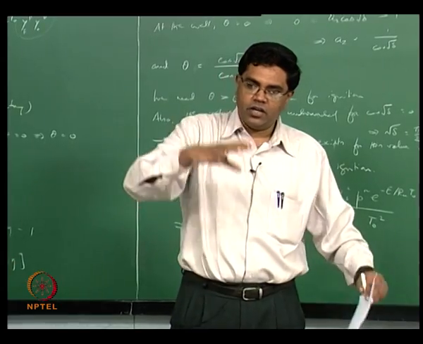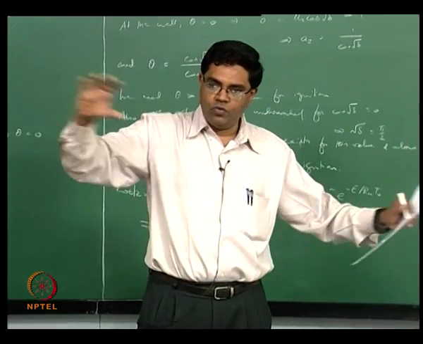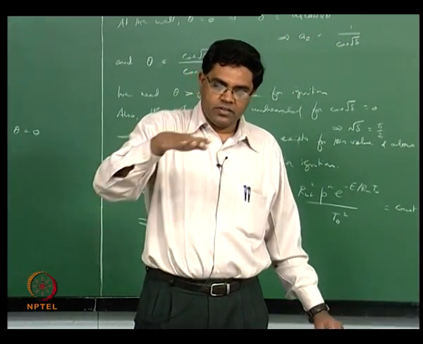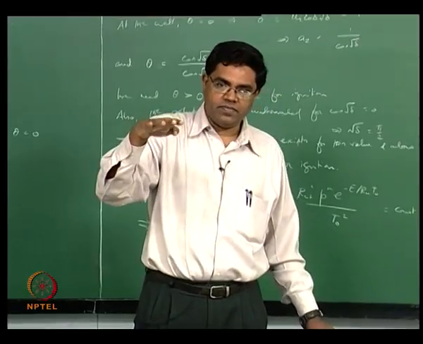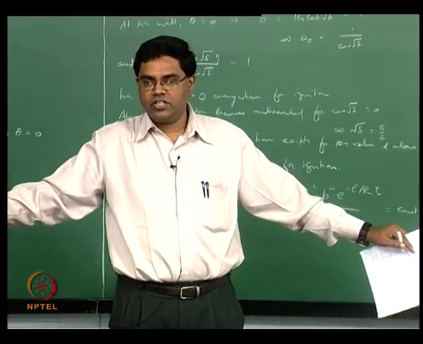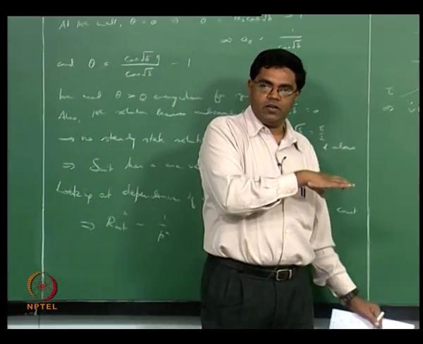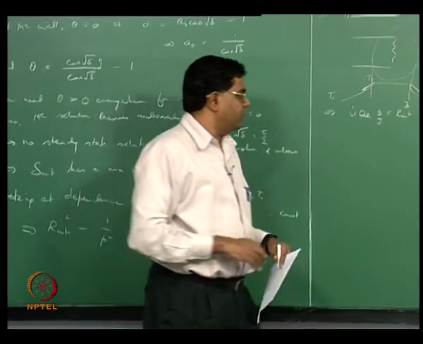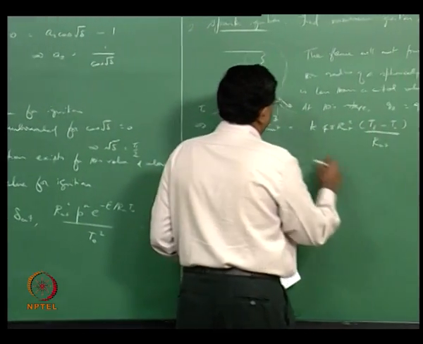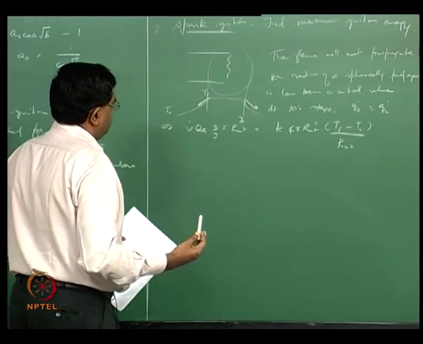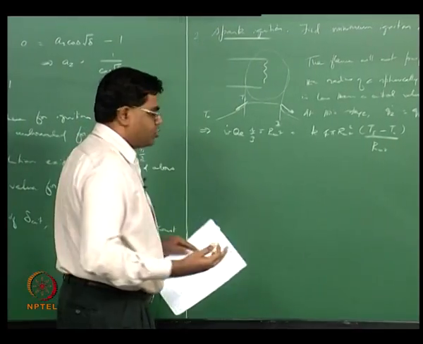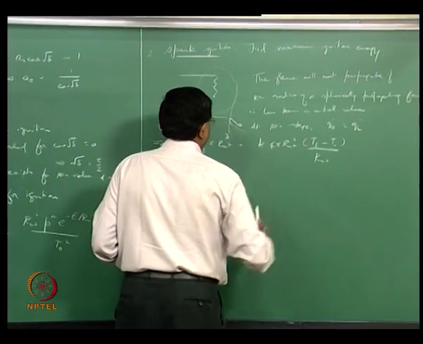So it's kind of like a hole in the middle of nowhere, right, and then the hole is at Tf, and far from here is actually T naught. You should now be able to do a conduction problem for this particular situation, and then try to find out what is the heat transfer at the wall, and you should be able to show that this is what it is, right.